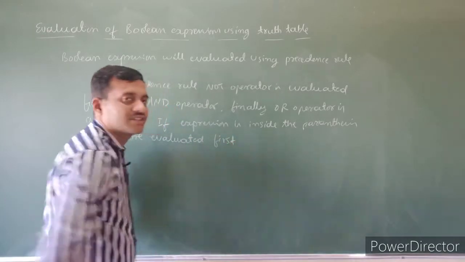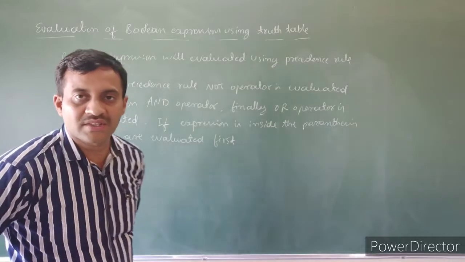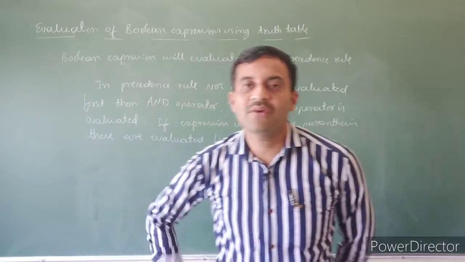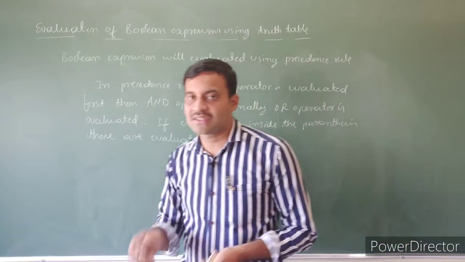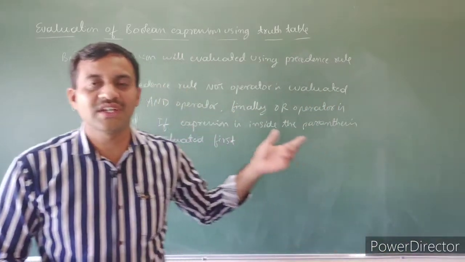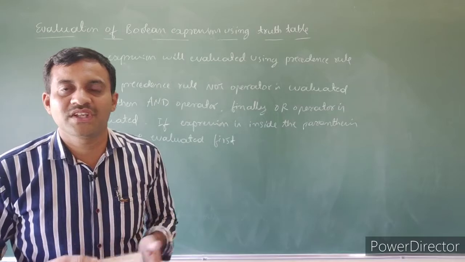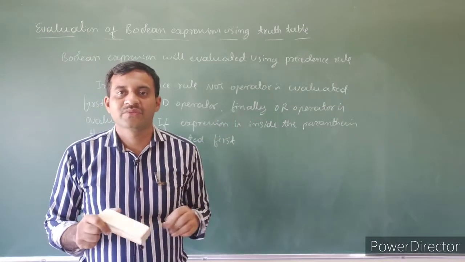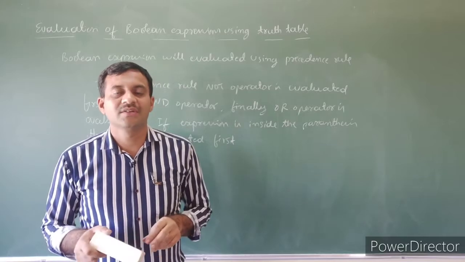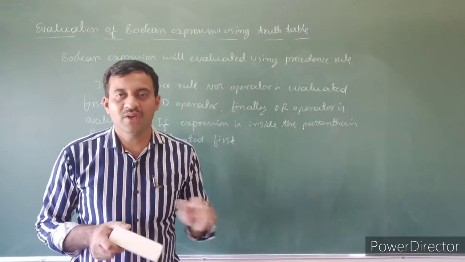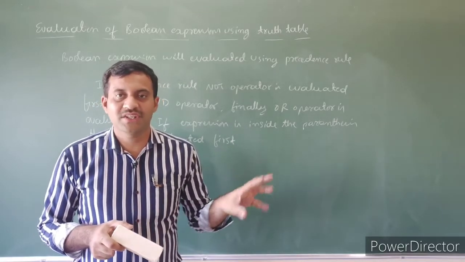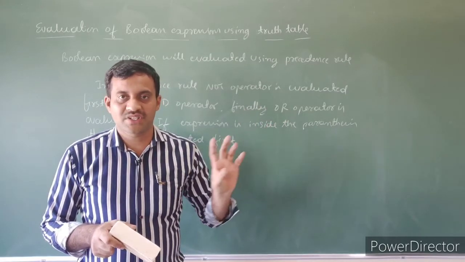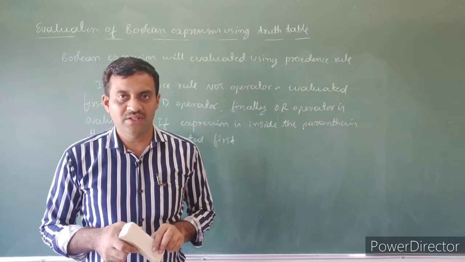There is a restriction: if the expression has parentheses, the inside of the parentheses is evaluated first. To evaluate the expression inside the parentheses, again we follow the precedence rule. What is the precedence rule here? NOT operators are evaluated first, then AND operators, finally OR operators. Using this precedence rule, we have to evaluate a Boolean expression using a truth table.